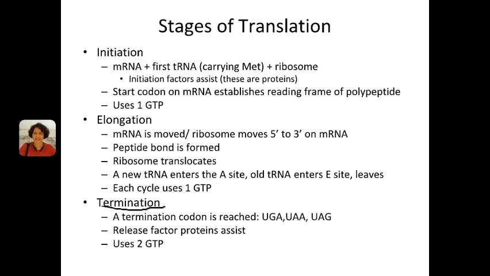Termination is going to occur when the ribosome reaches one of the three termination codons. We saw in the genetic code that they are UGA, UAA, and UAG. There are proteins called release factors that are going to assist with the process of termination, and termination is going to use up 2 GTPs.